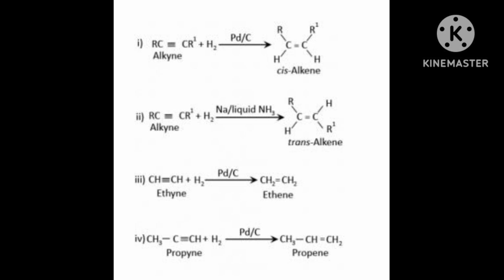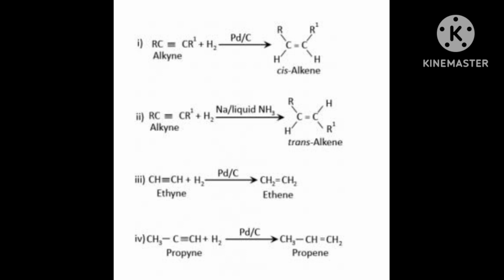Okay. This I have told you about this problem: how you will write the isomers and nomenclature. Now one more problem is there. Which of the following compounds will show cis-trans isomerism?